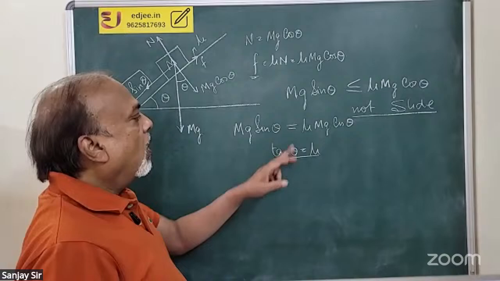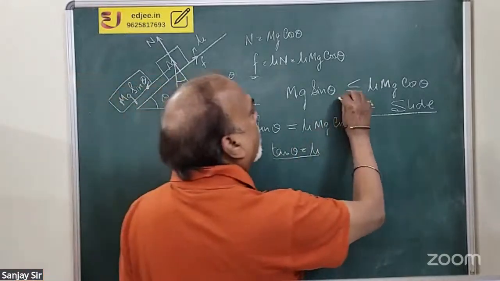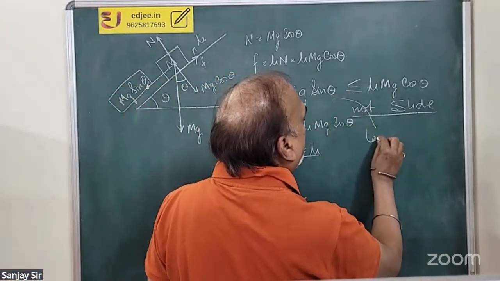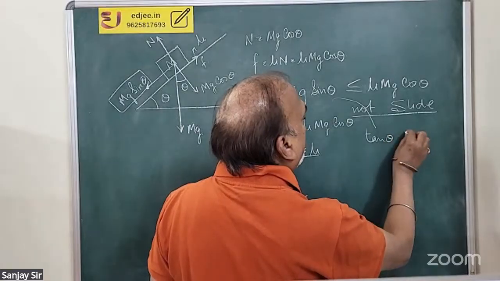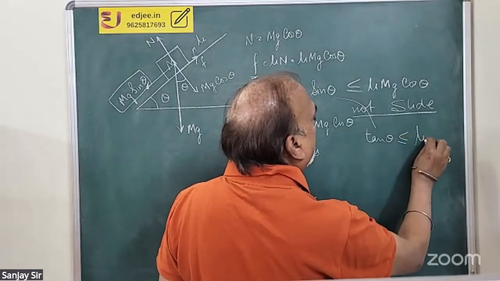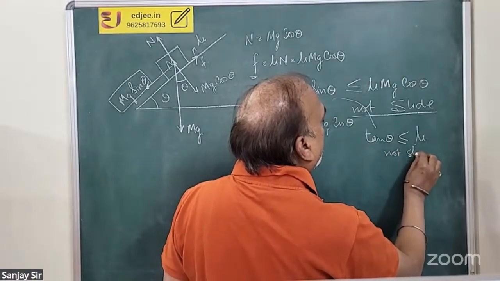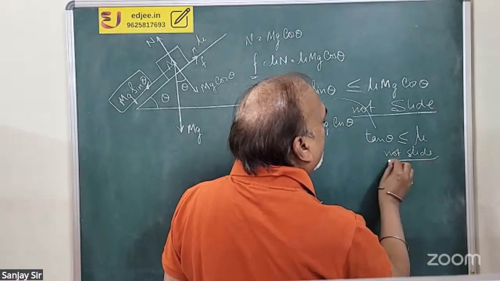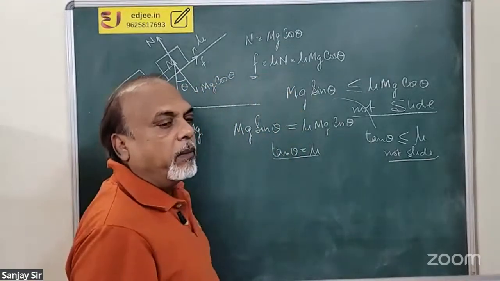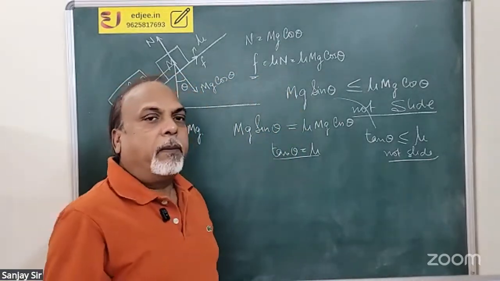Or here you can say, as long as tan theta is less than mu, the block will not slide.